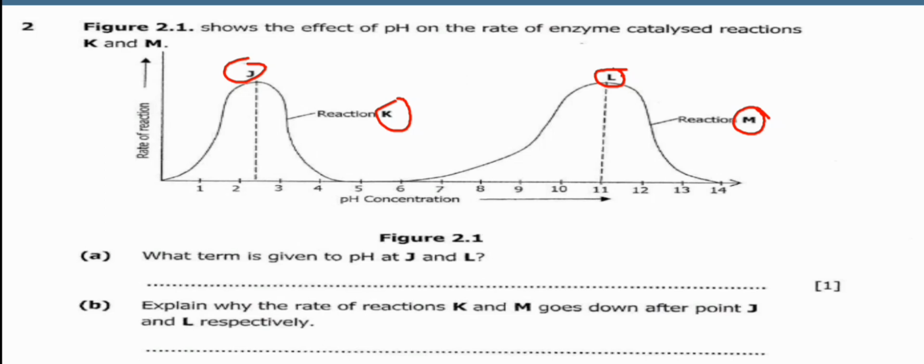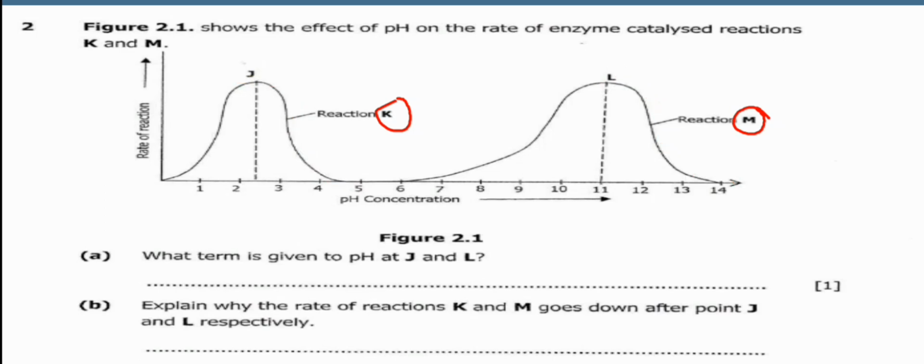Then B, explain why the rate of reactions K and M goes down after points J and L respectively. So they are just asking us the reason why the reaction of K is decreasing, and even the reaction of M is decreasing after passing through L. We need to explain that.